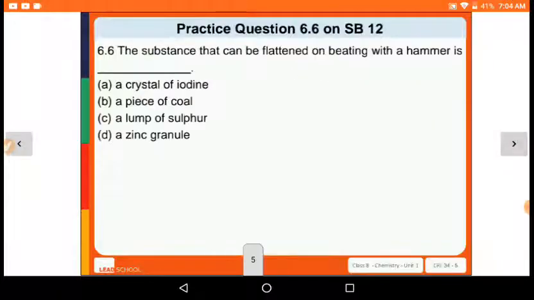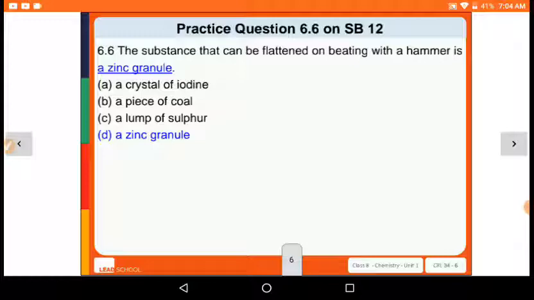Now let's see 6.6. The substance that can be flattened on beating with a hammer is dash. Iodine, which we also know as salt, we cannot convert into sheets with a hammer. Charcoal also cannot be.